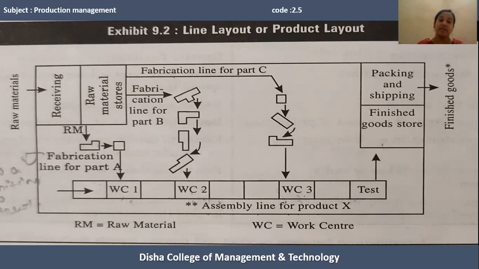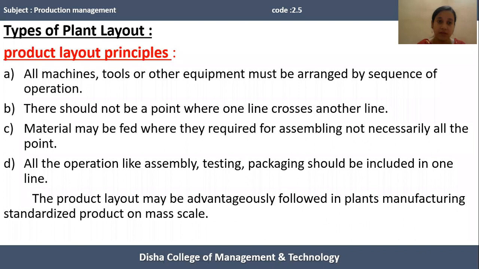So in case of product layout, there is no requirement of introducing all the materials into a particular machine. Whenever there is a requirement of material, at that time the manufacturer introduces some material into a particular machine. So this is all about product layout.